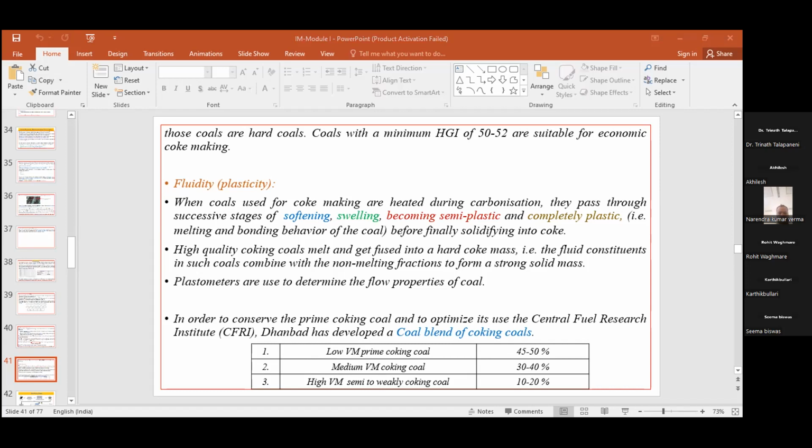So if you can blend these coals in this manner, then we can utilize these prime coking coals for a longer duration of time.